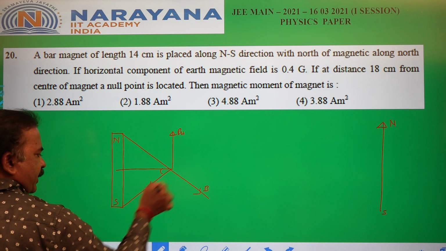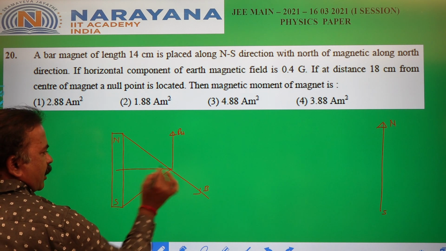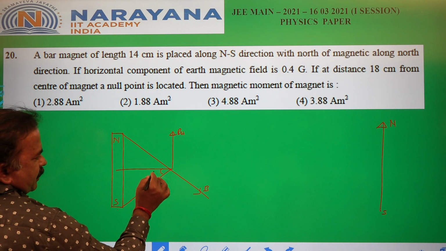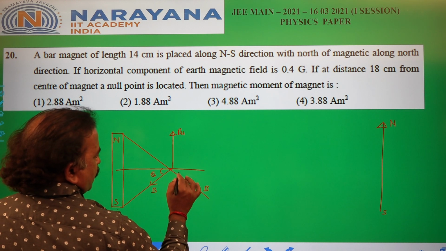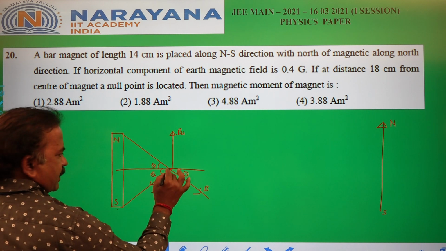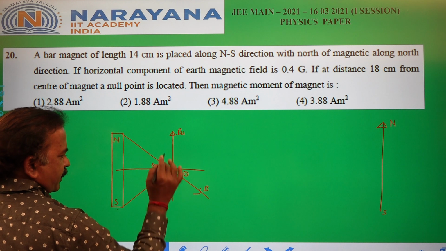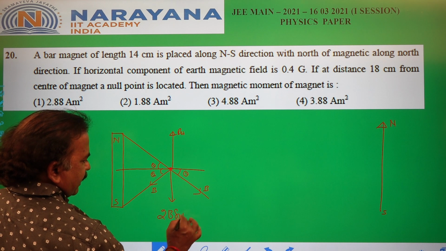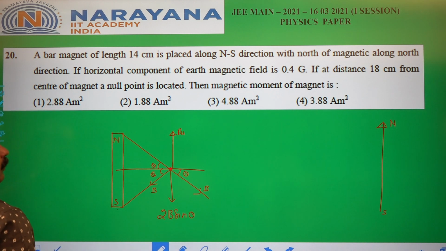Because of the south pole, it is towards the south pole. I am placing a unit north pole here. Repulsion, so B will be in that direction. This is theta again. So what is the resultant? Because here is the null point, what will we get here? 2B sin theta.